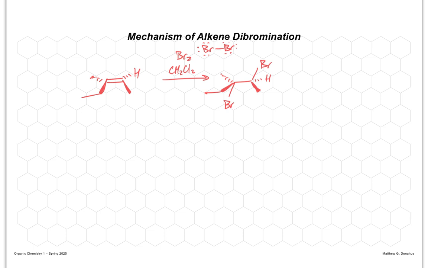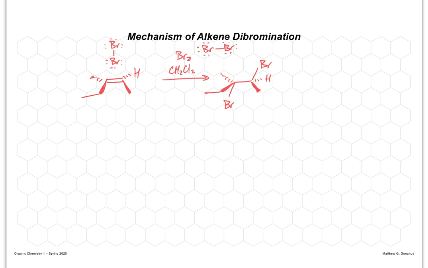So instead of them coming down like this, we're going to rotate it, and only one of them is going to come down to the alkene. So really, it's coming down at kind of an orthogonal trajectory.